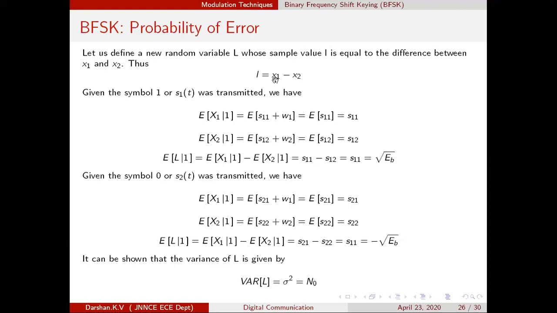What are these? These are the coordinates of the received signal point, right? These two are random in nature, hence the subtracted value x1 minus x2 is also a random quantity. So let us define a new random variable capital L which has the sample value small l.